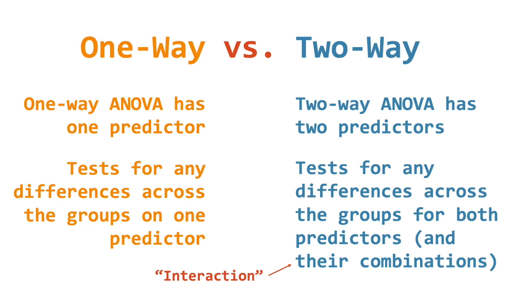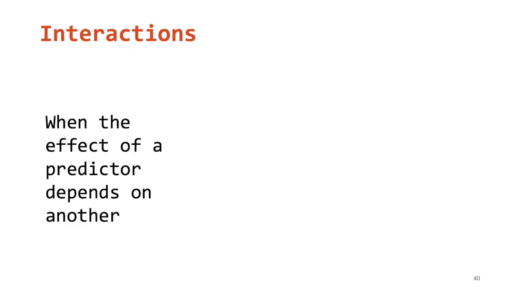What's called an interaction. That's the interaction of the two predictors, which tells us, does the effect of one depend on what group you're in on the other? Consider this example. So interaction is when the effect of a predictor depends on the other.